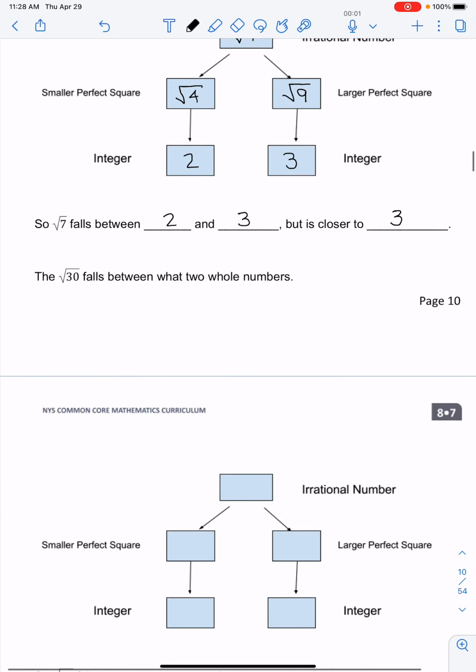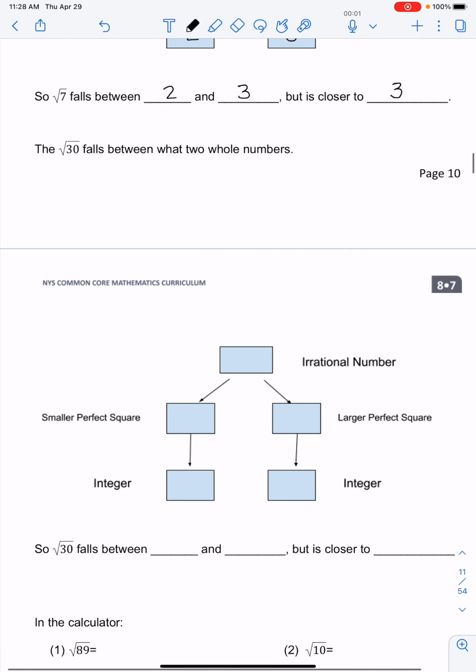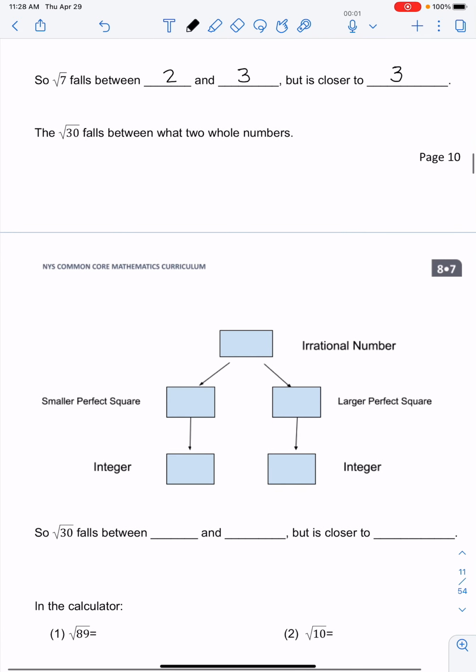Now, our next question says the square root of 30 falls between what two whole numbers? So I'm going to put the square root of 30 here. So the square root of 30 falls between the square root of 25 and the square root of 36.